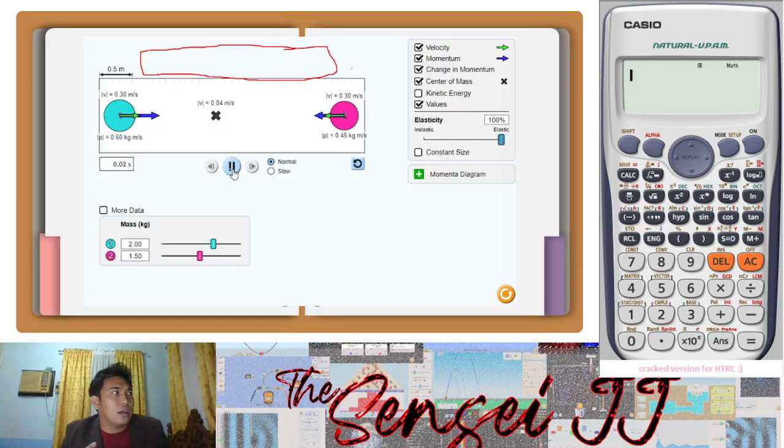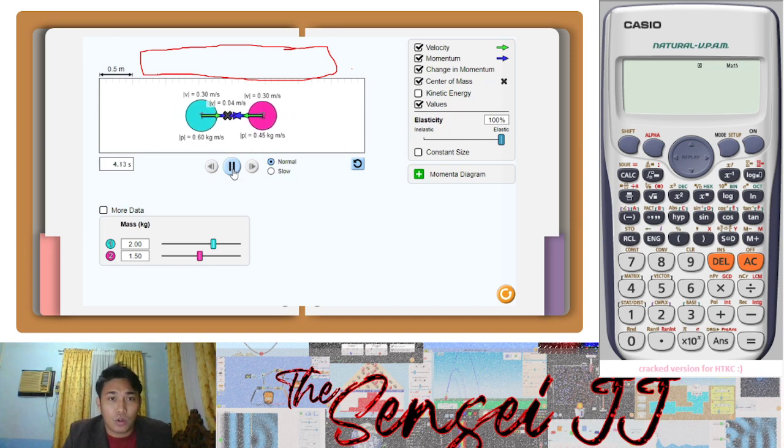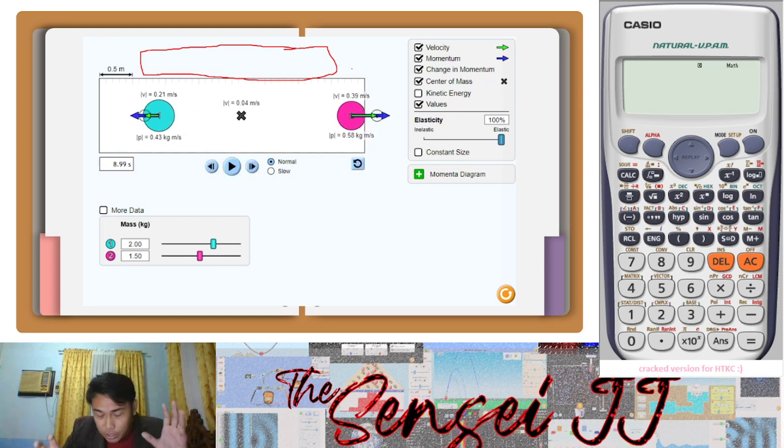Before I forget, you will normally notice this change in momentum or change in direction of momentum in billiard balls. When they collided, they scatter or move on to another direction. So that is our change in momentum once they collided.